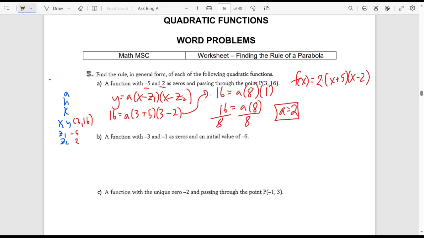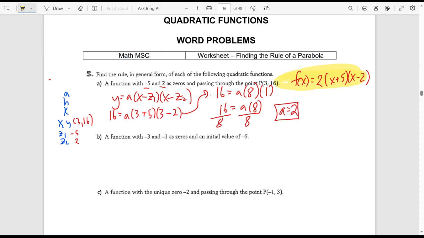I can now use this for other purposes. This can now be used to solve for any other point on that function. My whole purpose of getting a equal to 2 was so that I would have a rule that I could utilize to find other stuff. I could find h and k now if I need it.